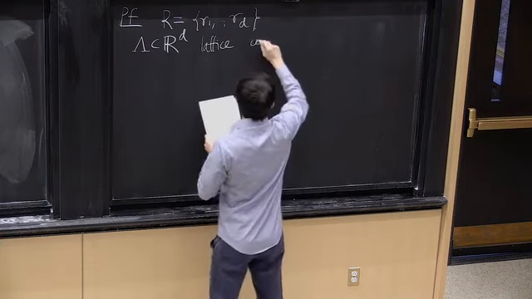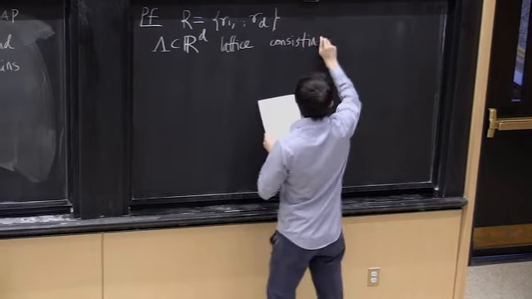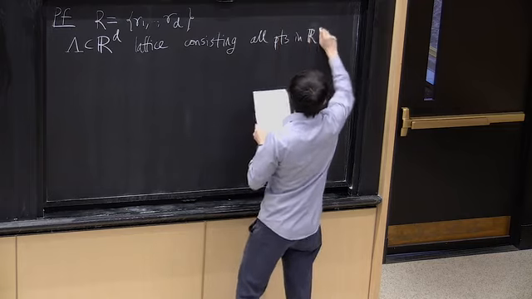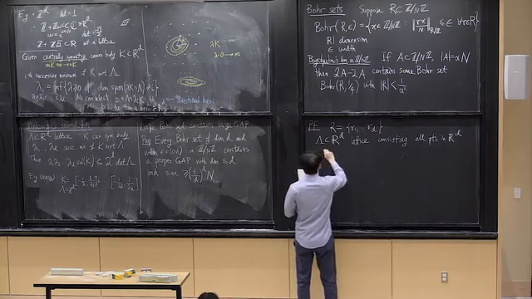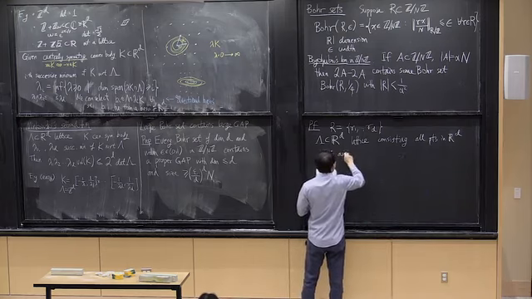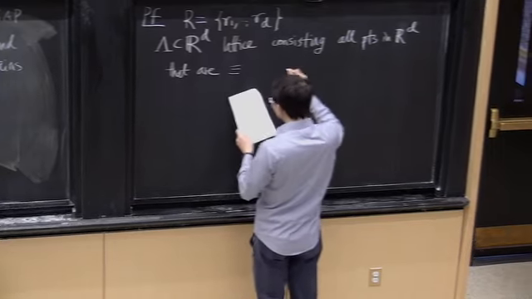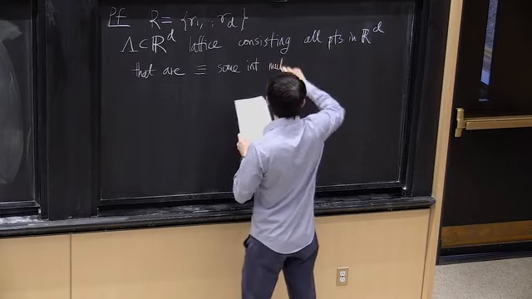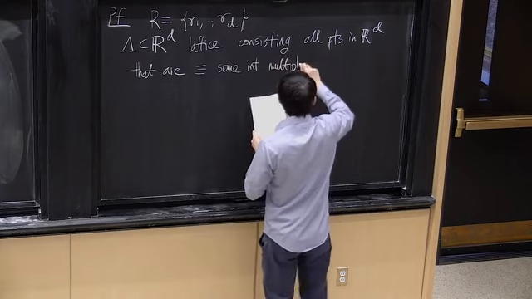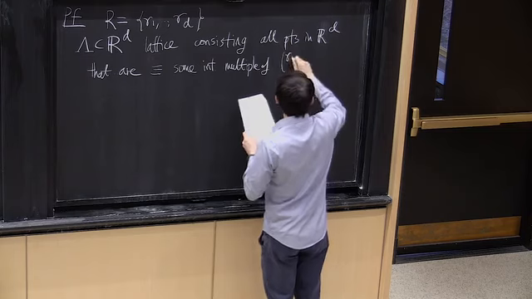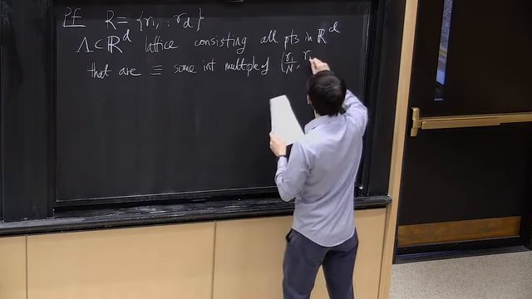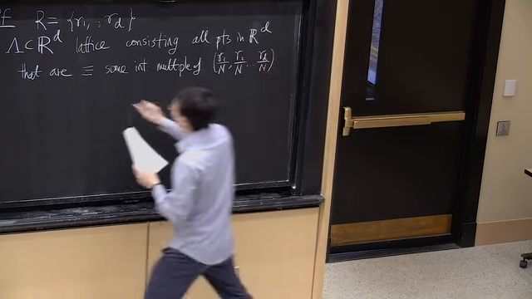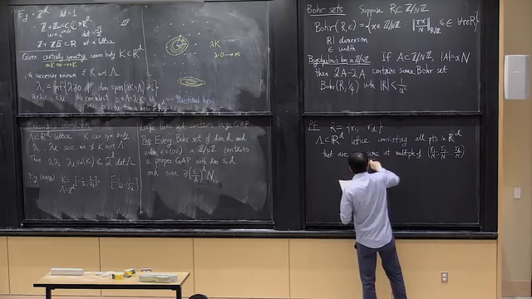It consists of all points in R^d that are congruent mod 1 to some integer multiple of the vector (r_1 over n, r_2 over n, through r_d over n). So congruent mod 1.